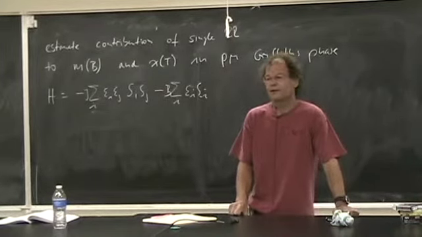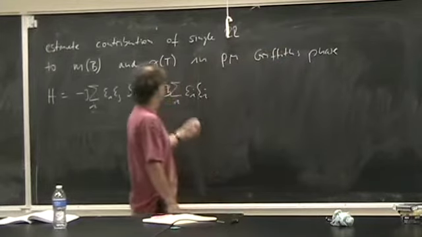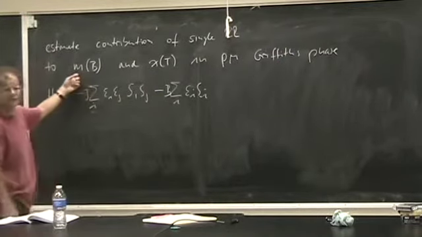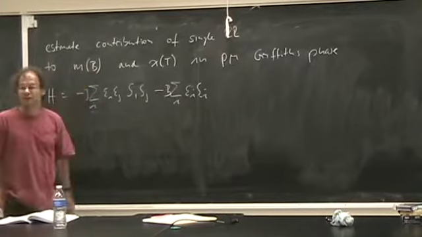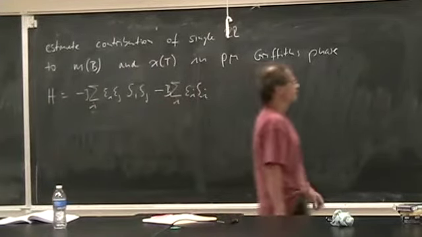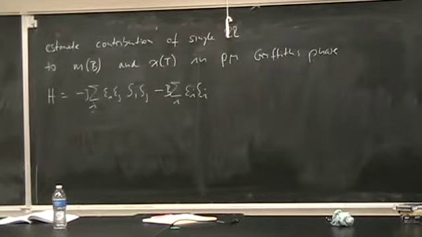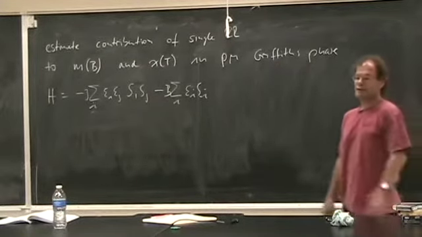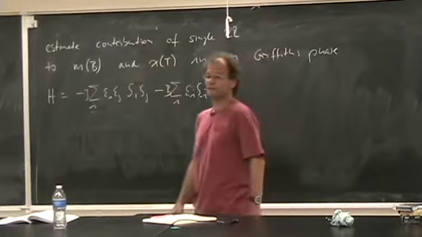Well, if we switch on a magnetic field, we want to discuss the magnetization as a function of the field. There will in general be two contributions. There will be one coming from the bulk system. So how will this depend on the magnetic field?